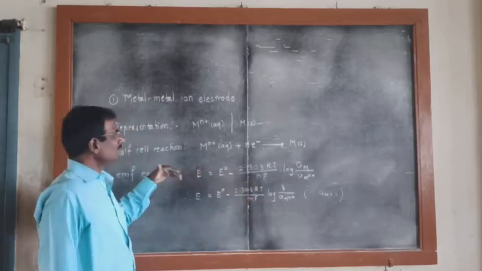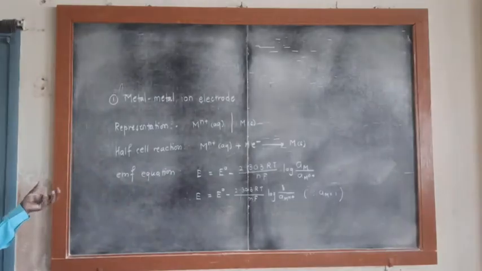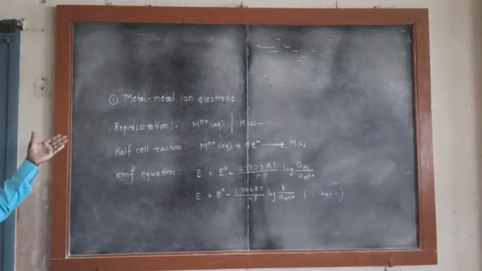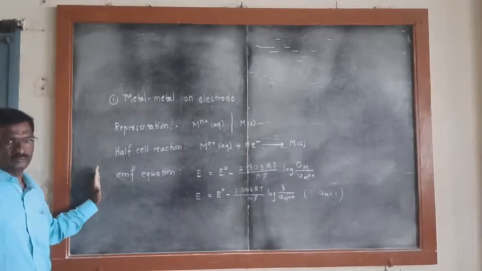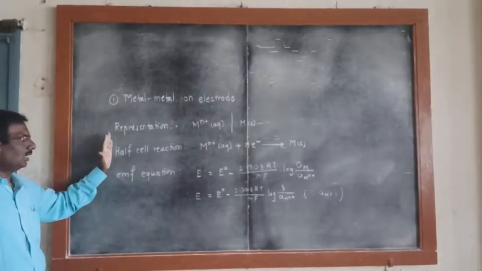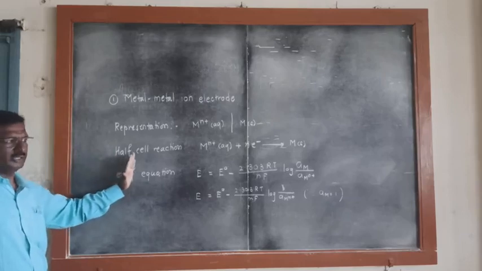Then give one or two examples. Whenever you have to answer this question in examination, first of all write these 3 points without fail, because your marks will go to these 3 points: representation, half cell reaction, and EMF equation, and give one example.